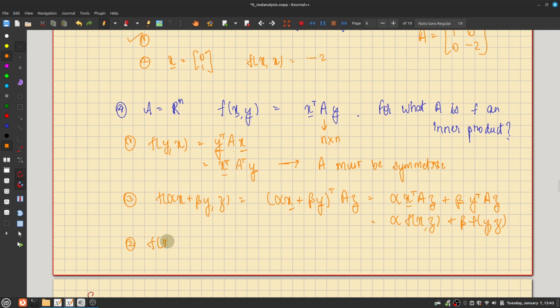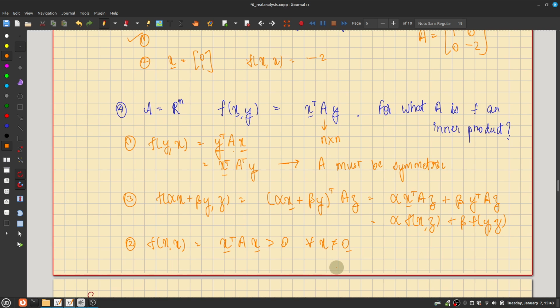So f of x comma x is x transpose Ax, and we want this to be greater than or equal to 0 for all x. In fact, we want this to be strictly greater than 0 for all x not equal to 0.